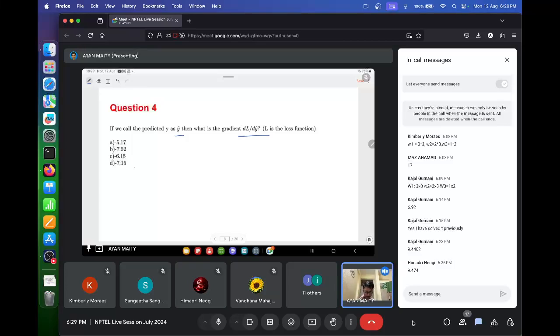So the input point is 1 1 1, the target output is y equals 10, and y hat we have computed as 6.922. Then what will be the value of dL/dy hat? Basically the gradient of the loss function with respect to the predicted value y hat.